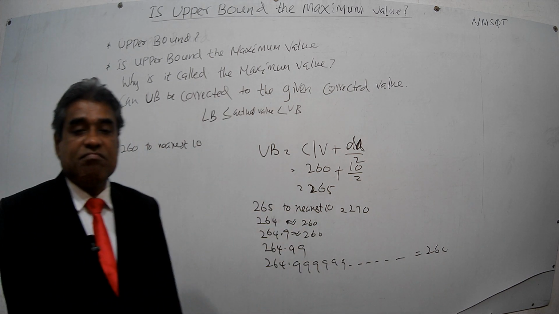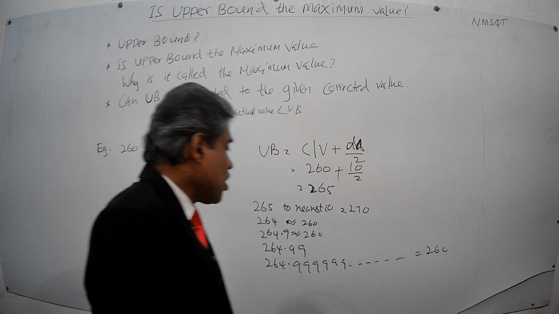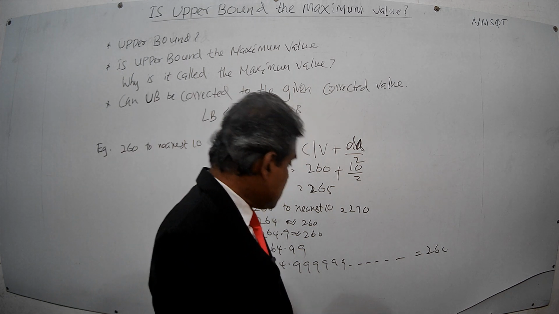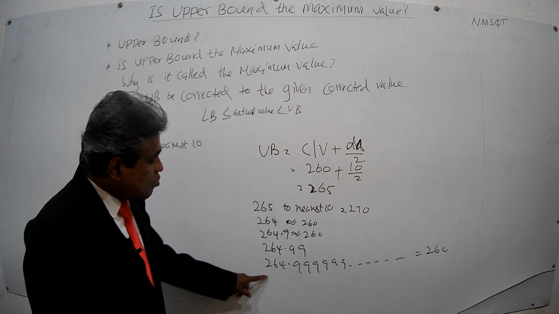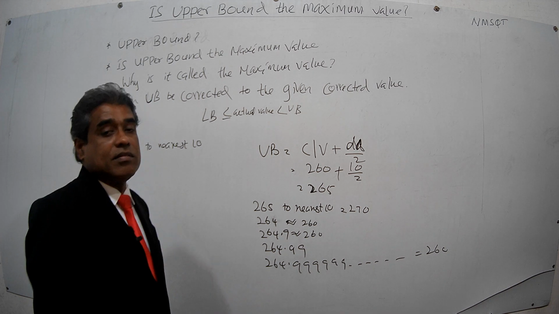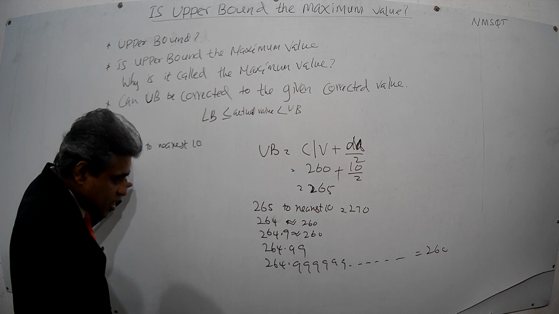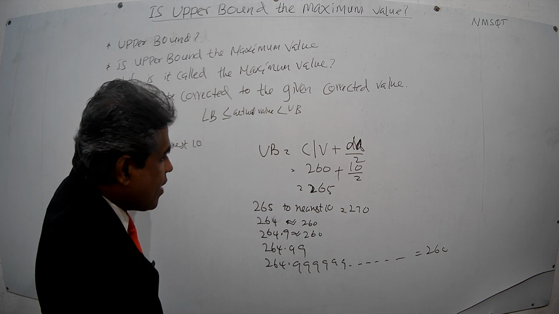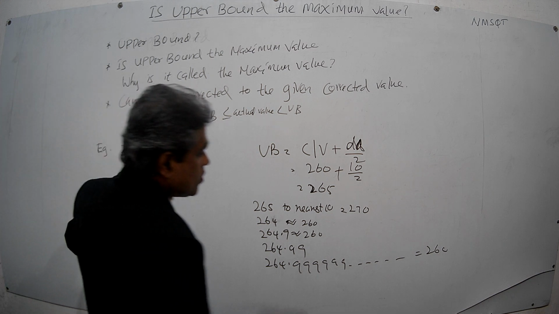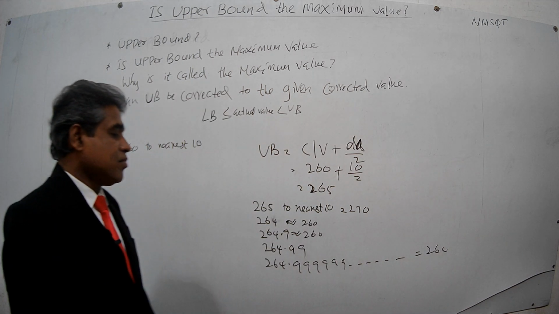It's a very infinitesimal difference, because it is the difference between the maximum value that can be rounded to 260 and 260.